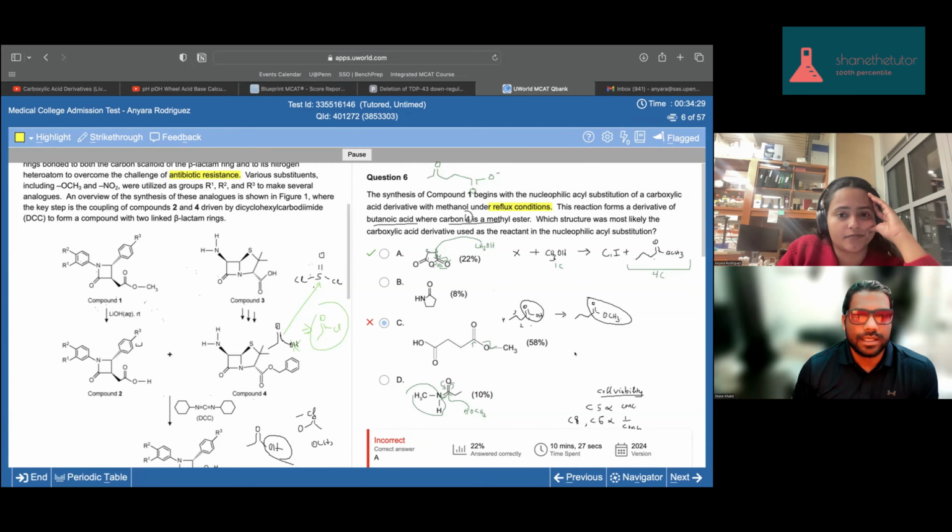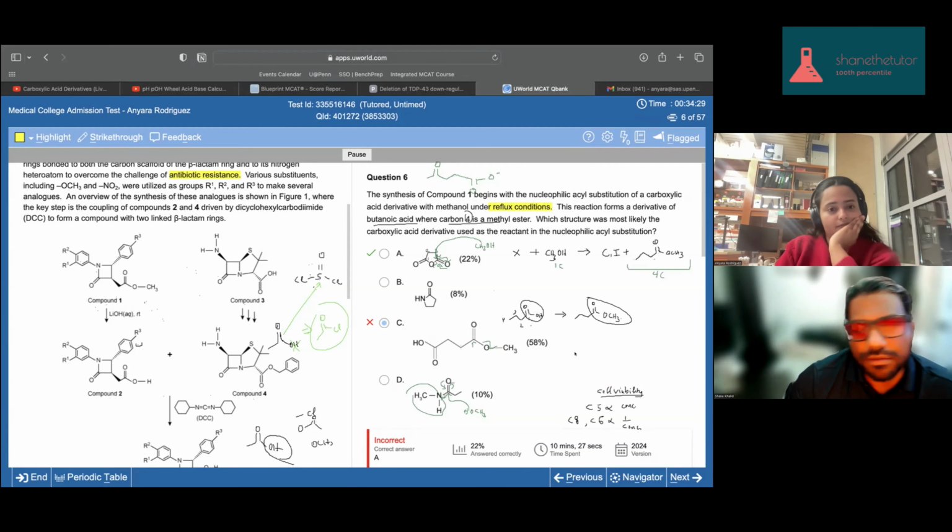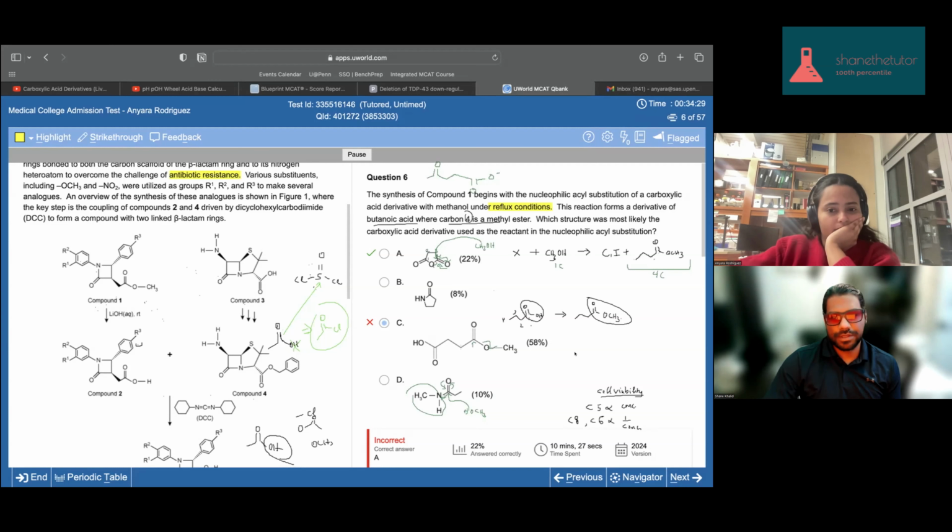So those are the couple of ways to go over this. But what we're really trying to see is, for each of these choices, if you add methanol, how would it produce this methyl butanoate?